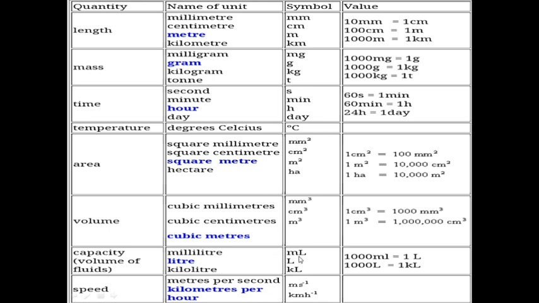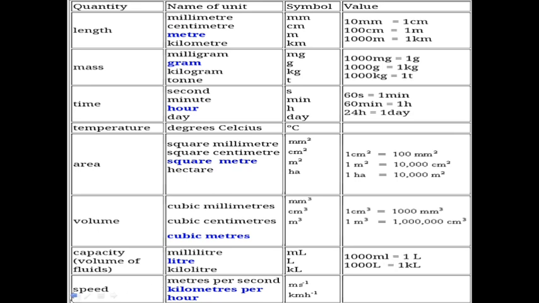The symbol used for milliliter is ml, for liter L, and for kiloliter KL. Their values are 1000 milliliter equals 1 liter, 1000 liter equals 1 kiloliter. Here they are also related. See here, 1 kiloliter equals 1000 liter, then 1 liter equals 1000 milliliter.